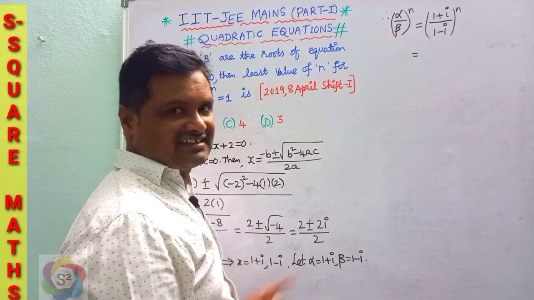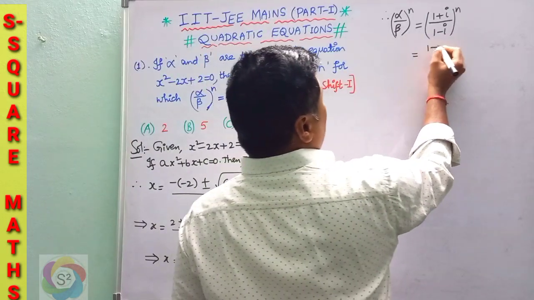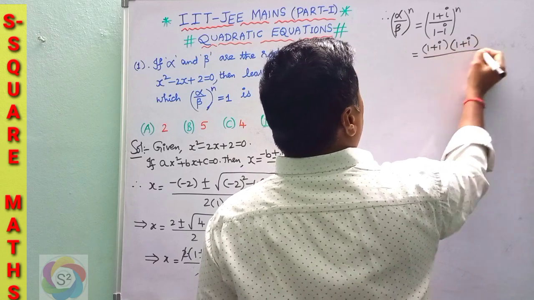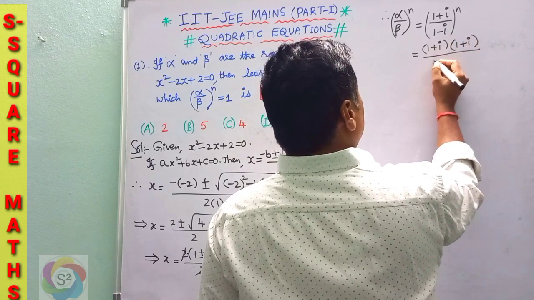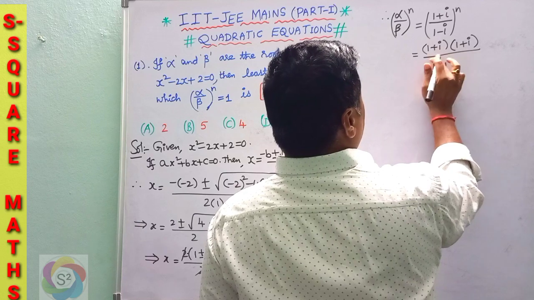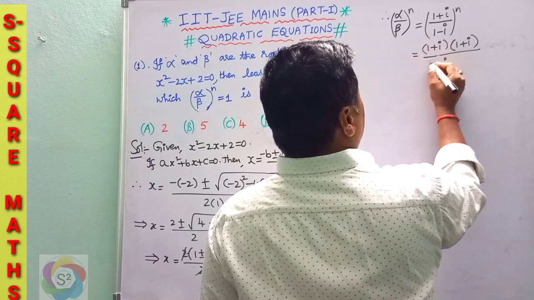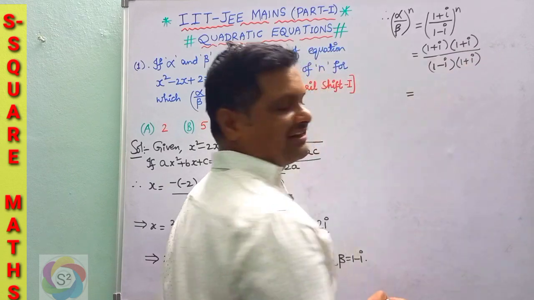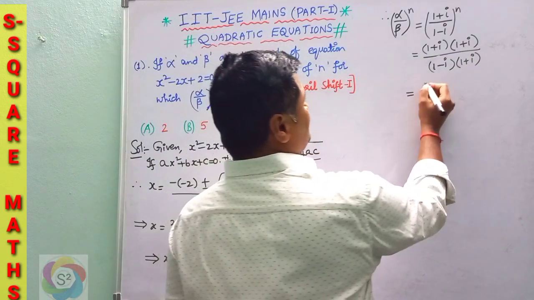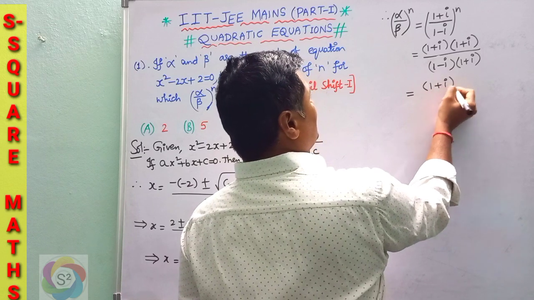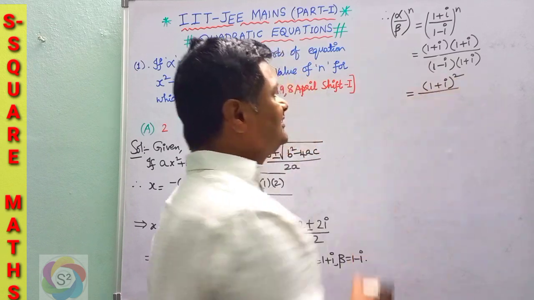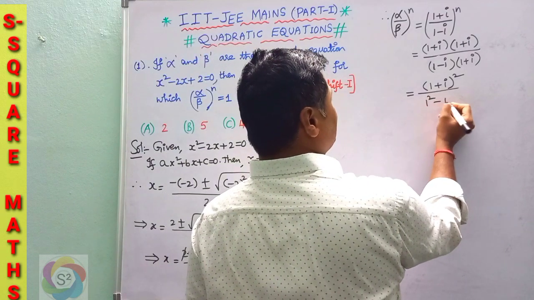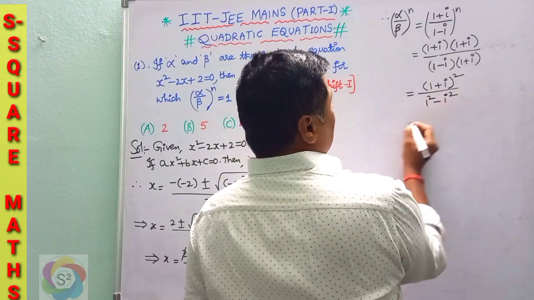Rationalizing the denominator, multiply by 1 plus i over 1 plus i. The numerator takes the form of a plus b whole square, so 1 plus i the whole square. The denominator is a minus b into a plus b, a square minus b square, so 1 square minus i square.